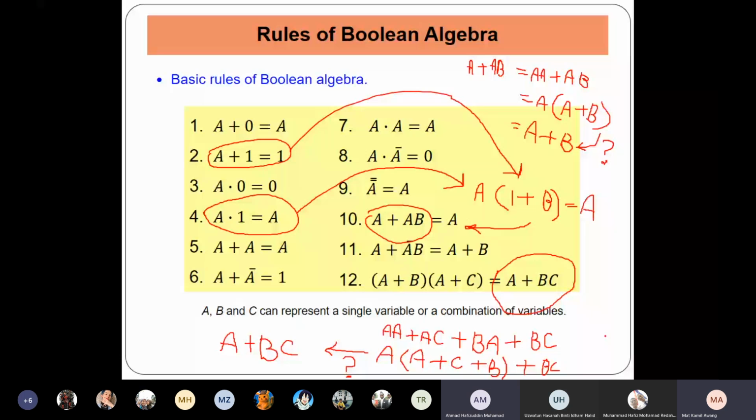Kena hafal, face to face, we don't provide. We don't for electronics. Last cohort, they don't have any formula given. No formula given. Baik sir. Kena hafal sendiri.